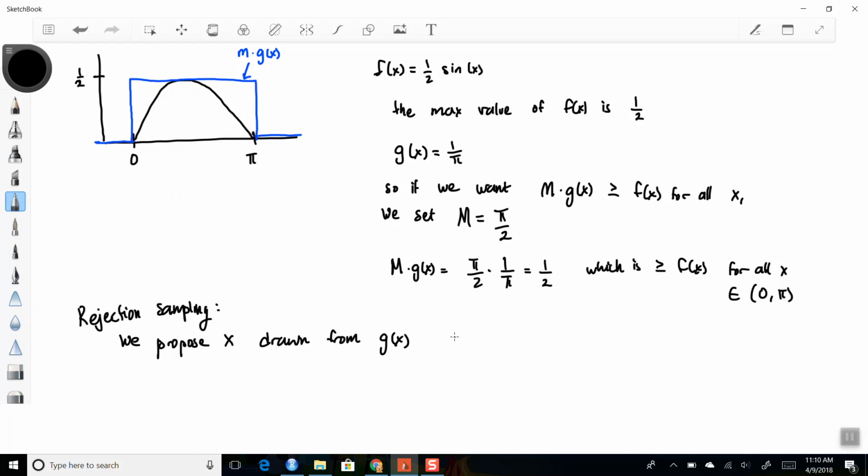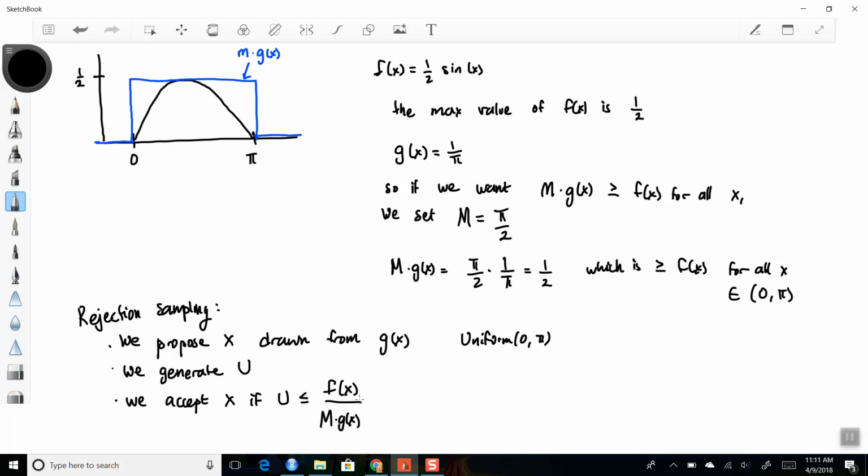In our case, that's the uniform 0 to pi. And then we will generate u, and then we accept x if u is less than or equal to f of x divided by m times g of x. And you reject it otherwise.